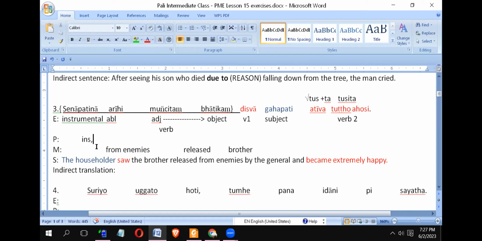Ina is always instrumental, instrument singular. So will be masculine, ablative, plural, because of he, right? So released, so this means the brother released from the enemies. Yeah, from the enemies. Yes, from the enemies. By the general. Yeah, by the general. Okay. So you have the instrumental. General is also masculine.